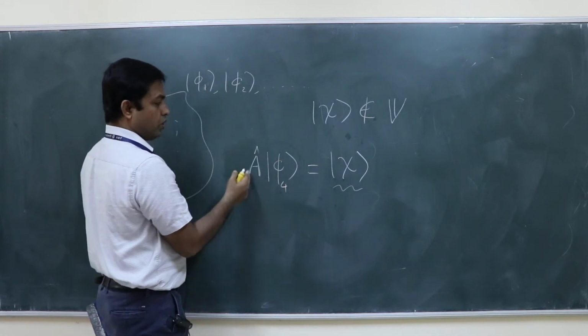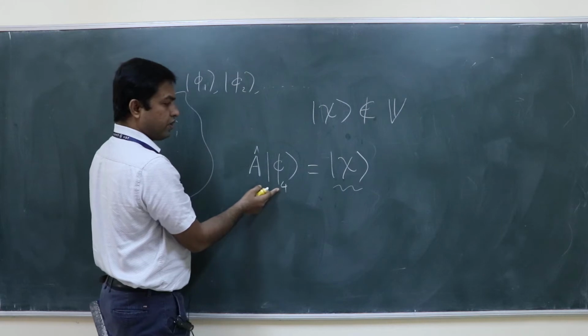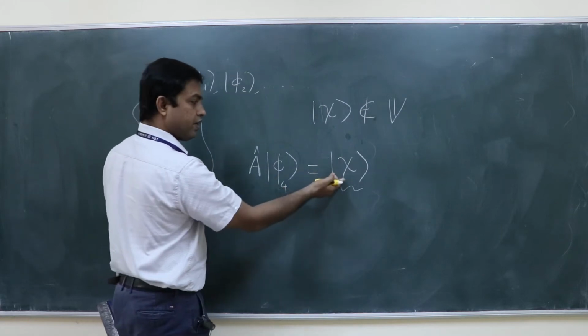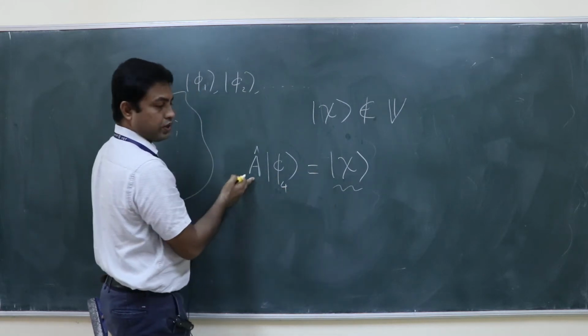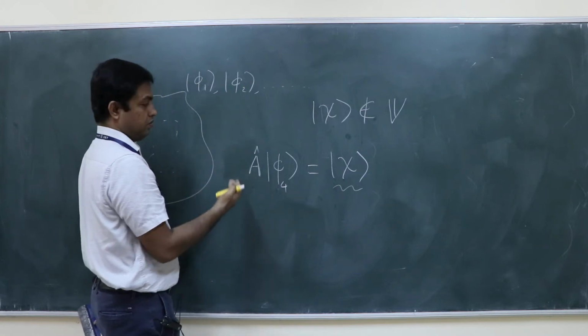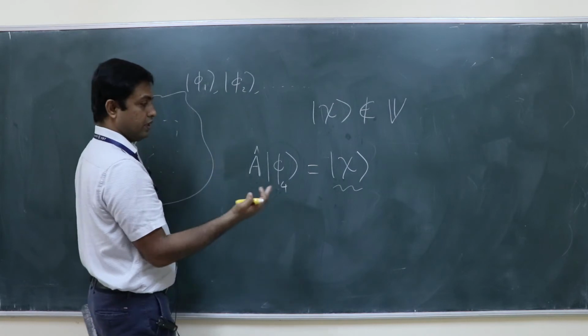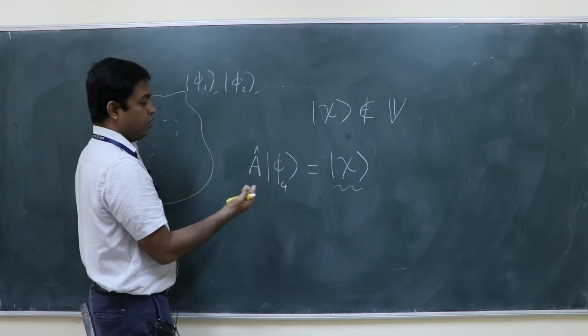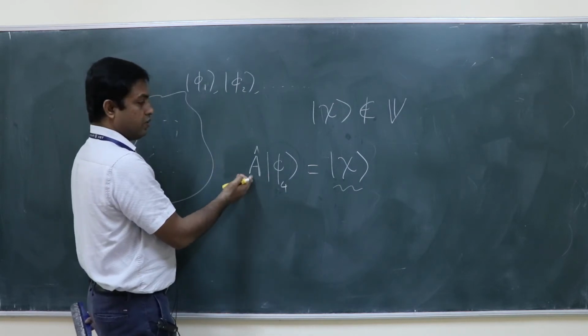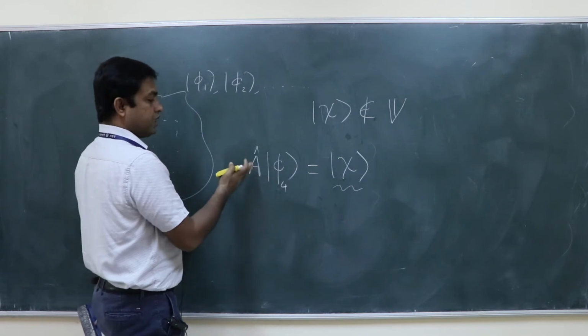So A acting on ket phi 4 gives you another vector. That is the definition of the operator. What is the action, how that action works, we have to see. That depends on what kind of operator you are discussing. Here I am just giving the general definition.